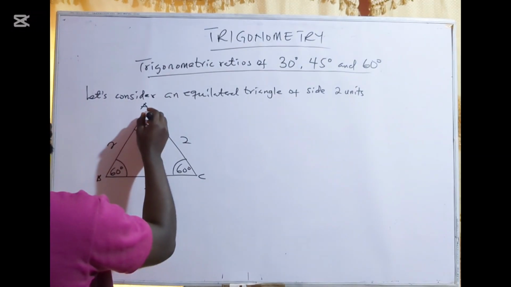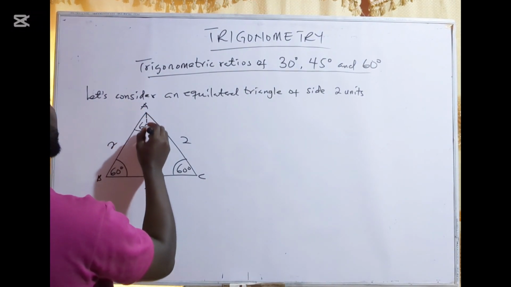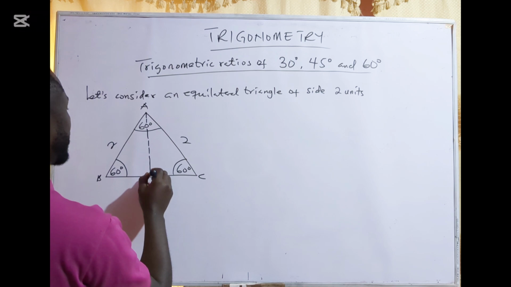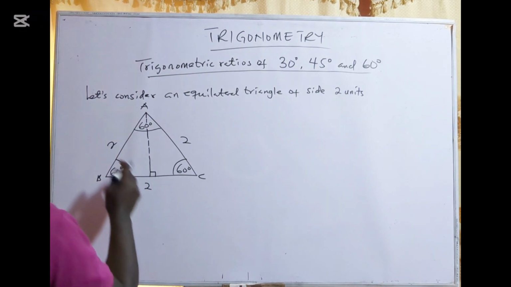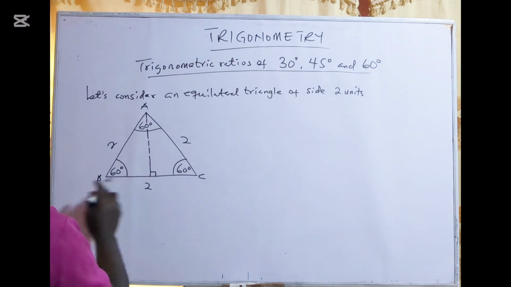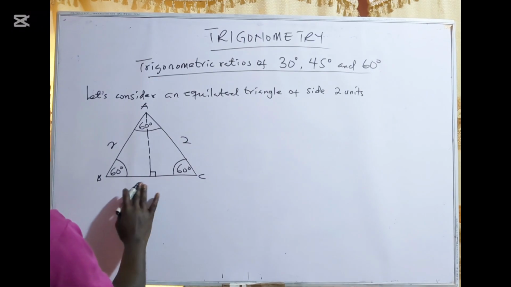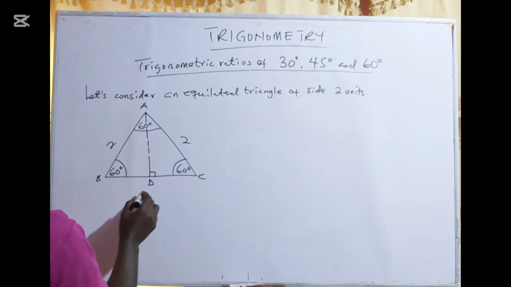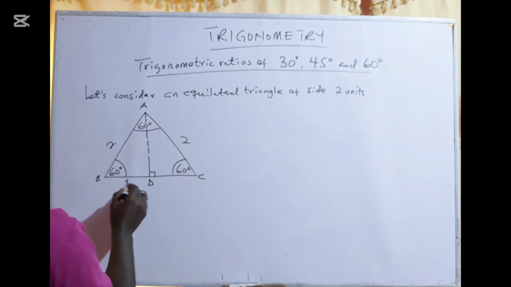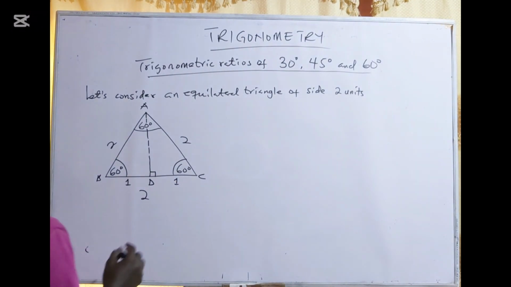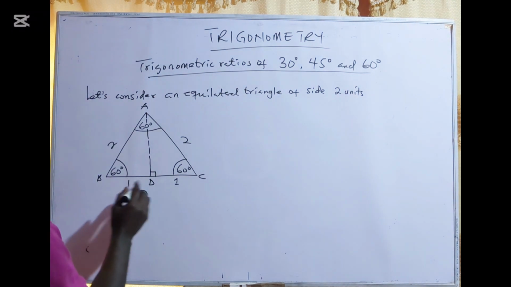So let's join from the vertex A down to the base BC. Because this side is equal to this side, the base will be divided into 2. Let me name it D. You know that here is 2 units, so if you divide into 2, then here will be 1, and this side will also be 1. So 1, 1.